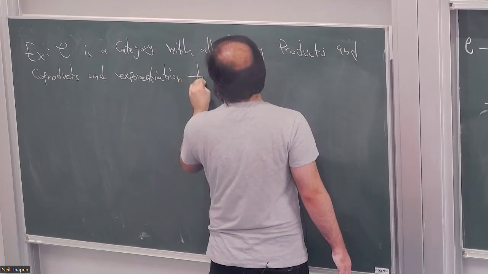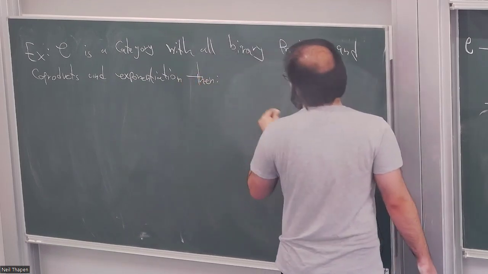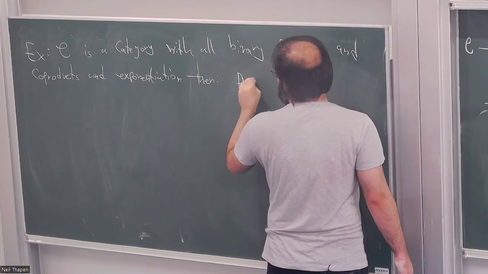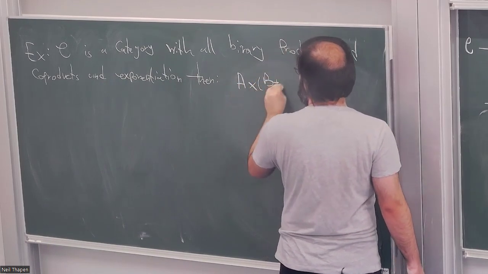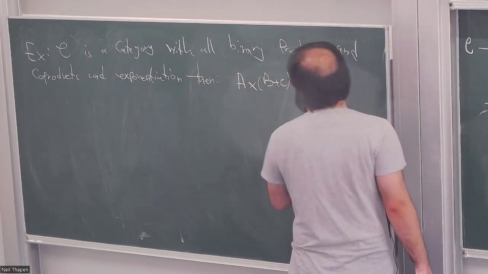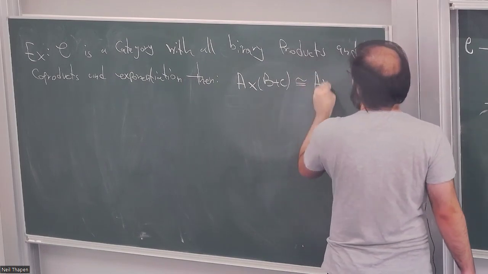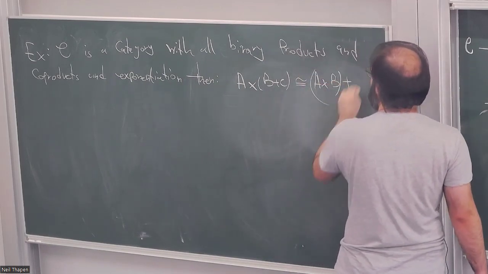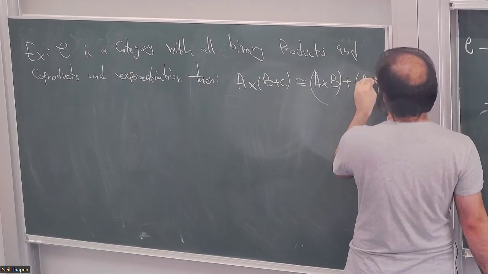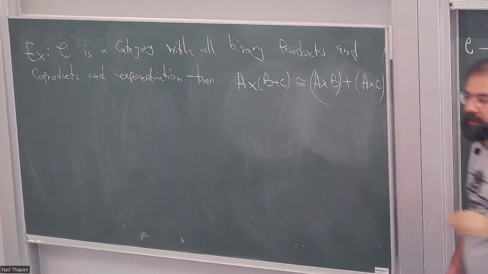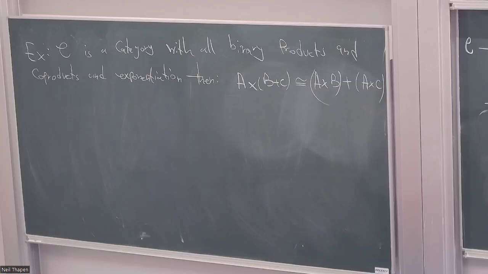Then you have this, A times (B plus C) is always this. We have it for sets, we know it for sets, but that's true actually for any category where you have binary products, coproducts, and exponentiation. You always have it. That's my claim. That's the theorem.